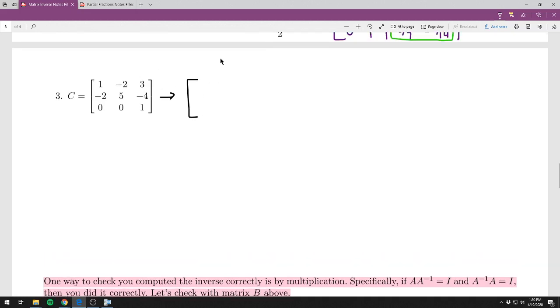Doesn't matter what the size of the matrix is, as long as it's a square matrix, you can talk about doing the inverse. And when we attach it with the identity matrix, since this is a 3x3 matrix, we got to put the 3x3 identity matrix over here. So we got 1 0 0 0 1 0 0 0 1.